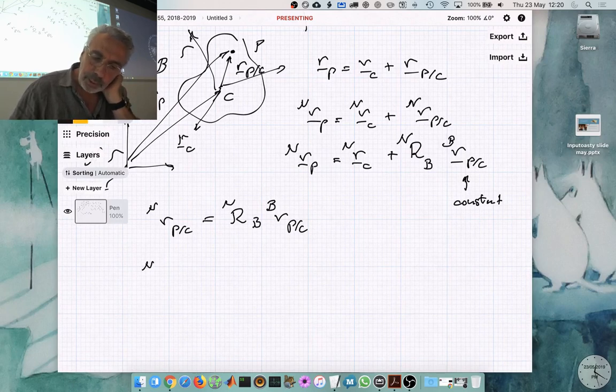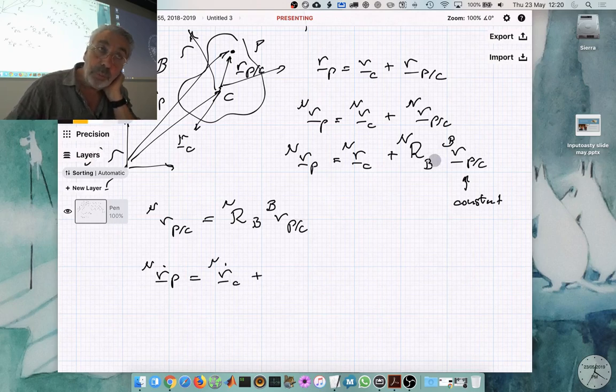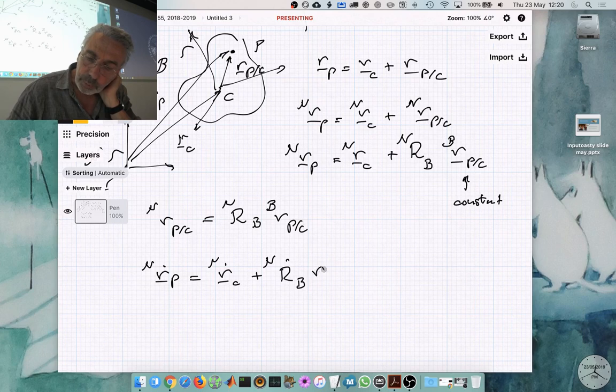So what is the speed of point P? Well, it's the speed of C, of course, but now we have two components here. We have the rotation matrix times this one, r_B, plus the rotation matrix itself times the time derivative of this guy.